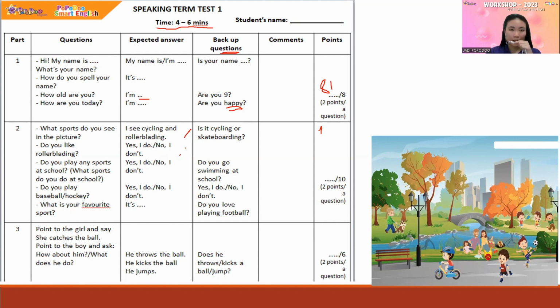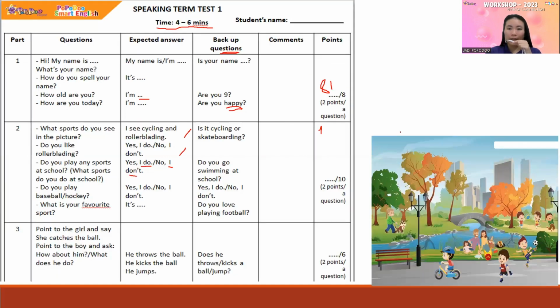You put a tick like this when they answer the questions excellently. And when they make a mistake, for example, if they just say yes or just say no, you can underline the word here so that the Vietnamese teacher can know that they just focus on saying yes or no. They cannot extend their answers.